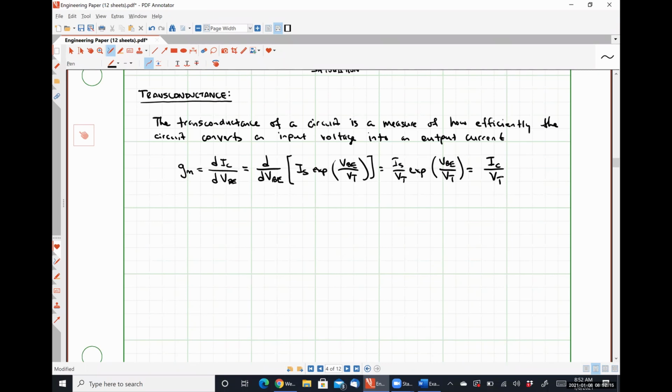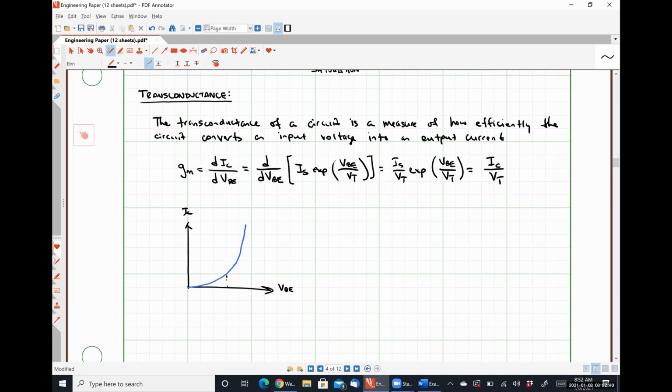Graphically, this may be helpful. Let's say that we're, so here is IC versus VBE.